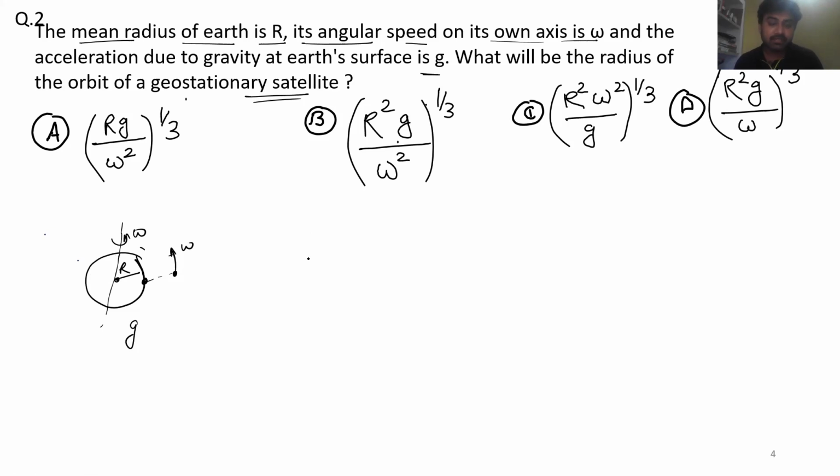So let's do this. This is Earth and this is the geostationary satellite. This geostationary satellite is at a mean distance of r, as given in the question. It will experience a centrifugal force of mv squared by r.